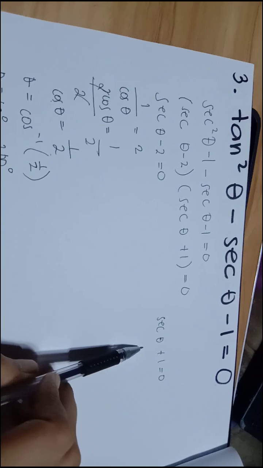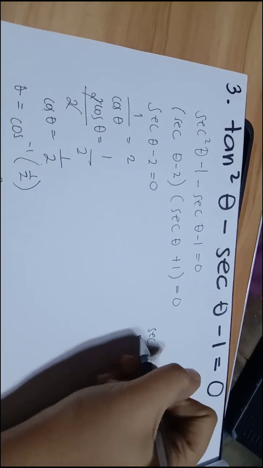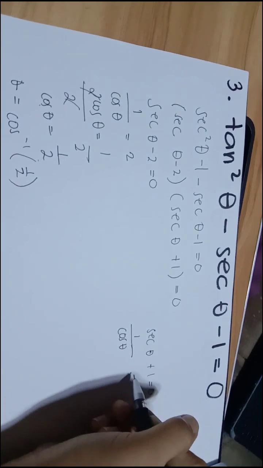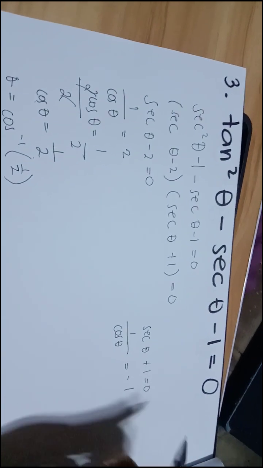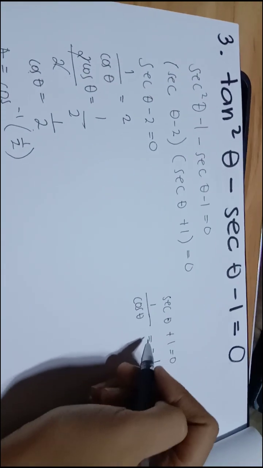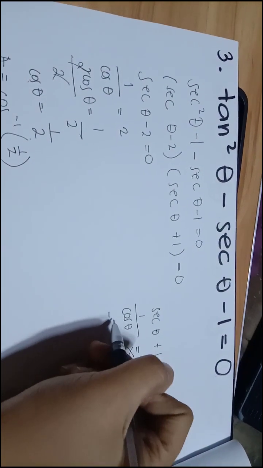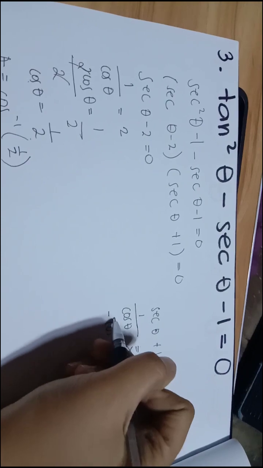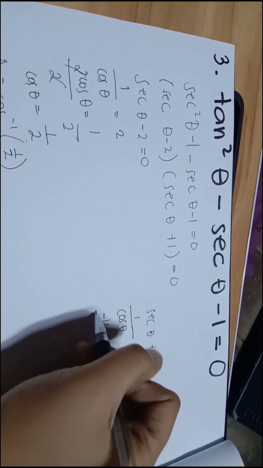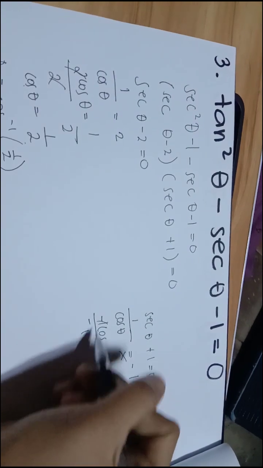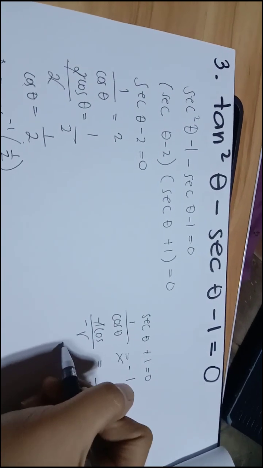So now let's solve this. Again, we will express it in terms of cosine. 1 over cosine theta equals -1. Cross multiply, we have now -1 cosine theta, divided by -1, cancel out.